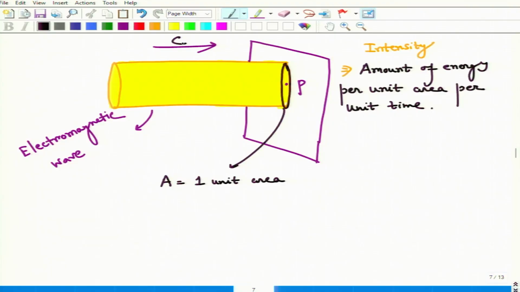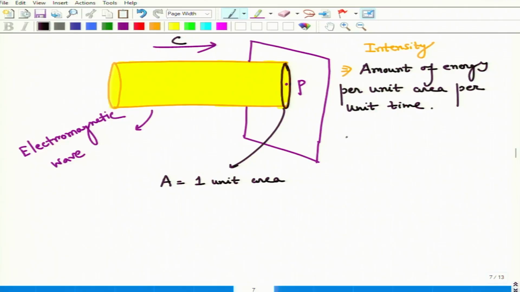Let's say here there is a point P. We know that the velocity of the electromagnetic wave is equal to the speed of light, which is c. So in unit time we can consider that a cylinder of length c will impose its energy on the point P, and that equals the intensity.